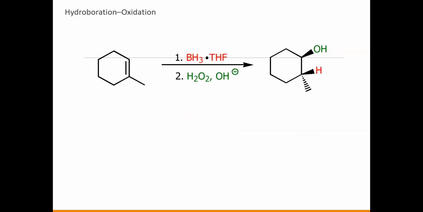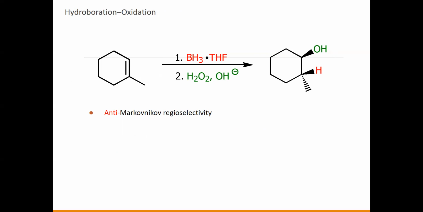So another one is, again, the hydroboration oxidation process. You have your BH3, H2O2, and then of course you will add your HOH across the double bond. And this one does follow the anti-Markovnikov addition.